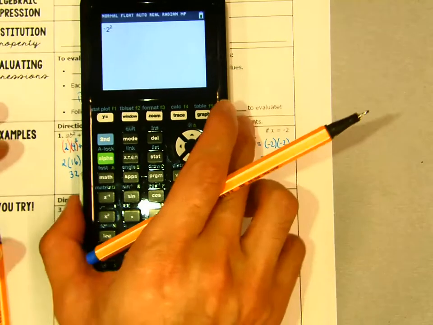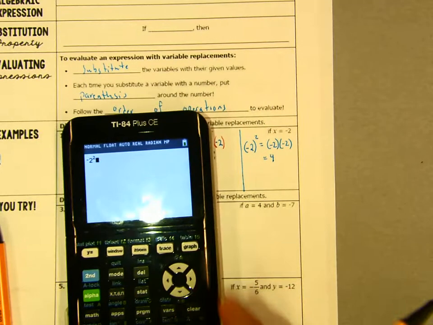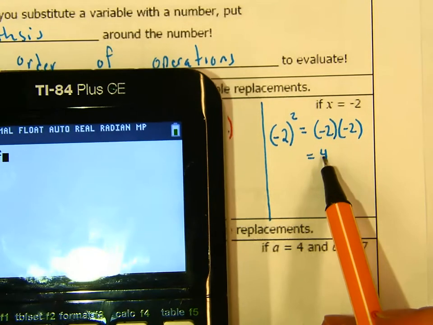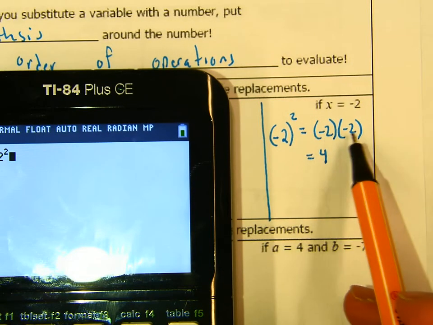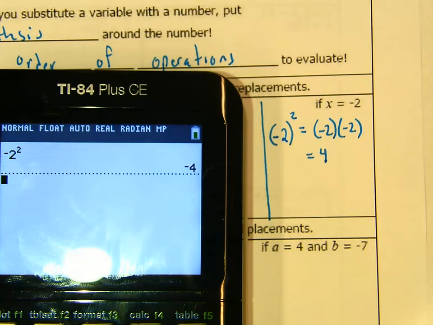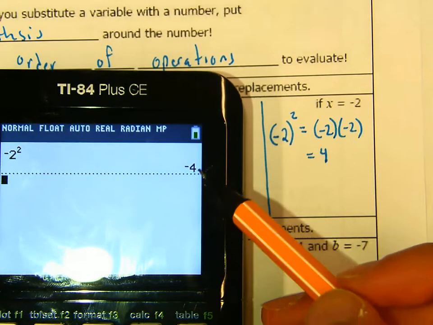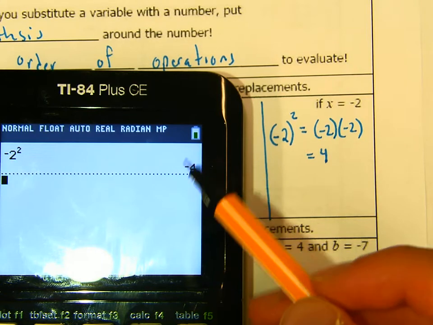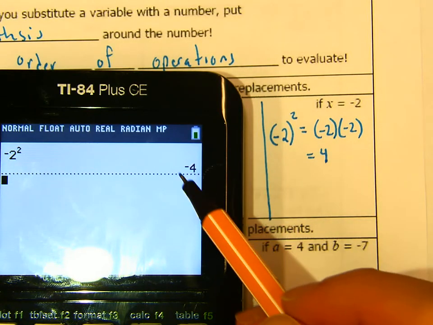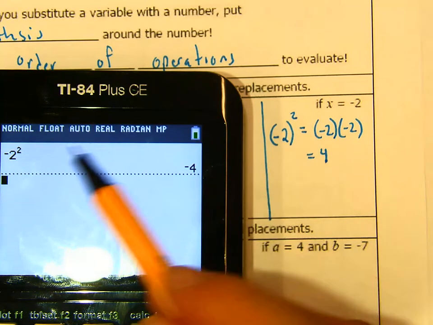And now notice when we did -2 squared, what did we get? We got 4, right? Because -2 times -2 is +4. But then watch what happens when I put this into the calculator. For some reason, it's saying -4. Interesting. What do you think the calculator is doing right now?